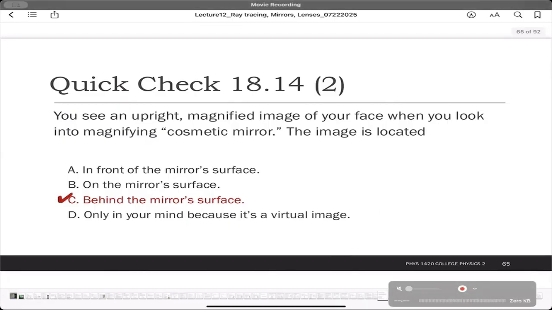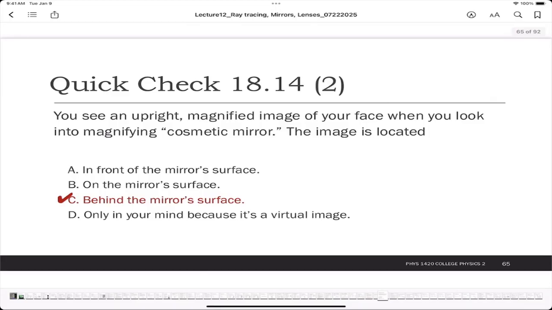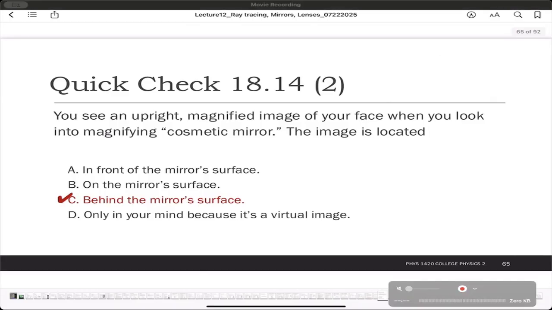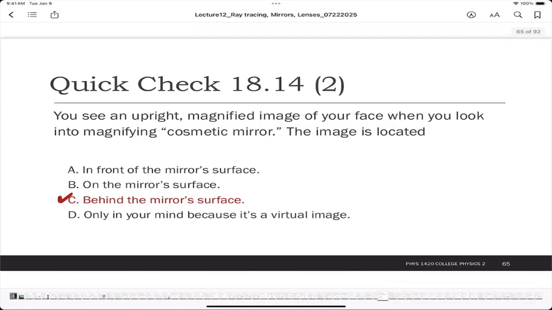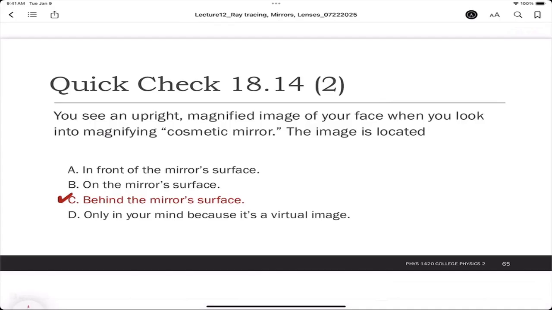Okay, let's talk more about why it is behind the mirror surface. A magnifying cosmetic mirror is usually a concave mirror. This kind of mirror curves inward like the inside of a ball.